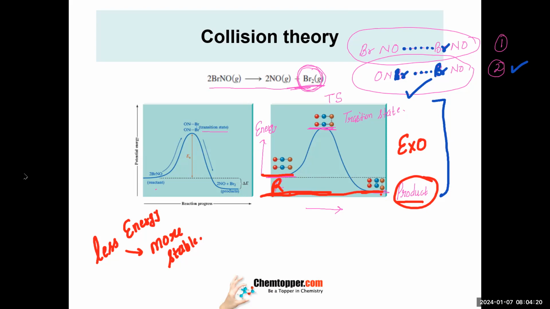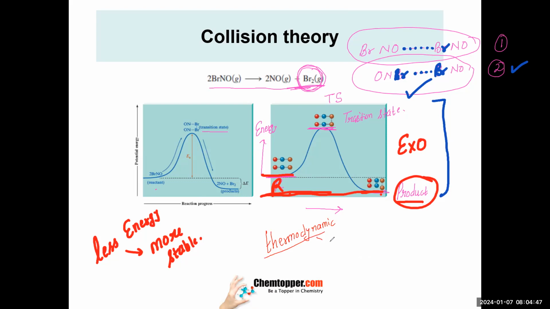This is called a thermodynamic factor. Thermodynamic, you know the word. You are doing in unit 6 thermodynamics, thermochemistry. Unit 9 is also to some extent thermodynamic. Thermo means heat.